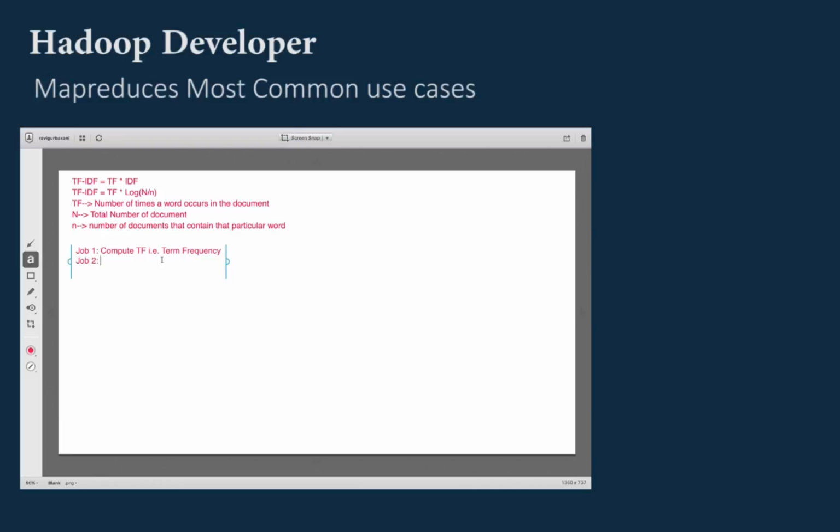In job 2, we will compute the capital N or the small n, that is the number of documents in which the word occurs.